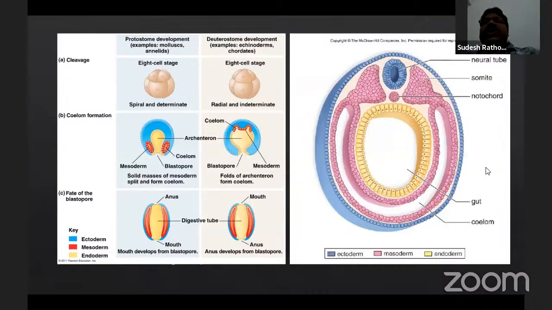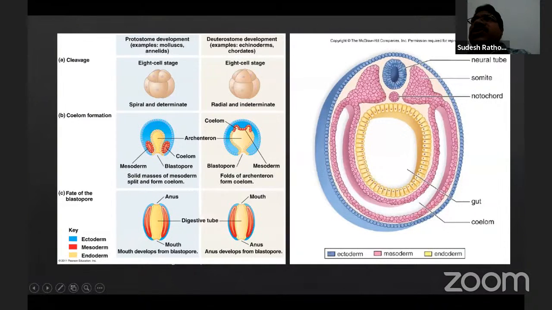Left hand side figure shows a deuterostome and protostomes. Protostomes showing the schizocoel and deuterostome shows enterocoel. But I want to tell you one more thing about these animals. Protostomes are named to the animal who develop their mouth from blastopore.